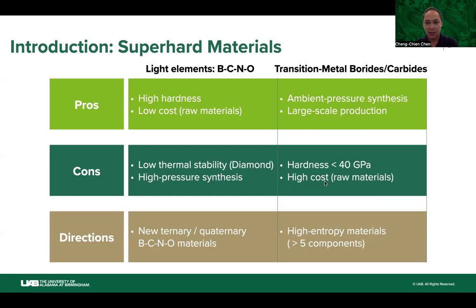And now, for both families, their binary compounds have been extensively studied in the literature. So nowadays, the future direction, for example, for BCNO is to look for new ternary or even quaternary BCNO compounds. And for the transition metal borides or carbides, the idea is to study what are called high entropy materials, consisting of 5 or more elements. Okay, so we'll discuss this later in this talk.